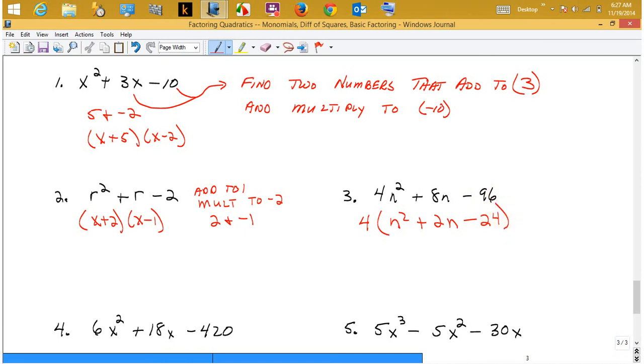So now I'm looking for two numbers that add together to give me 2 and multiply to a negative 24. Well, how about 6 and a negative 4? So I would have, and we can't lose that 4 out there, 4 times n plus 6, n minus 4.